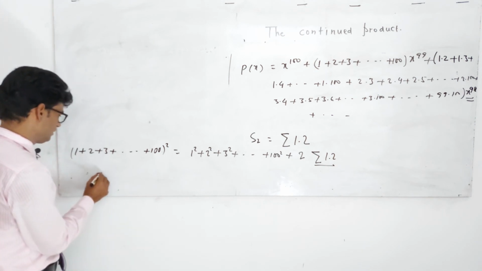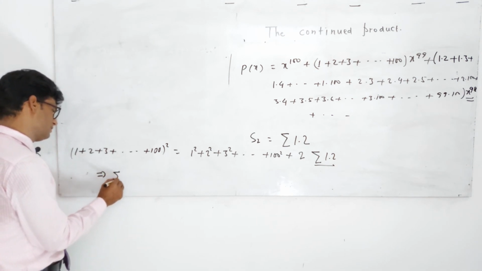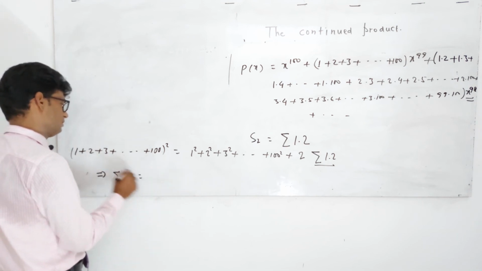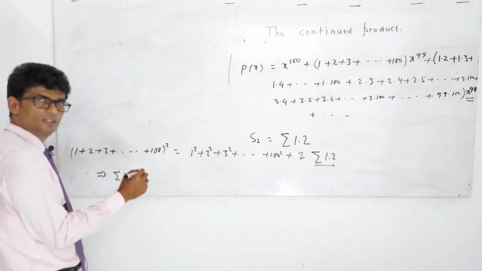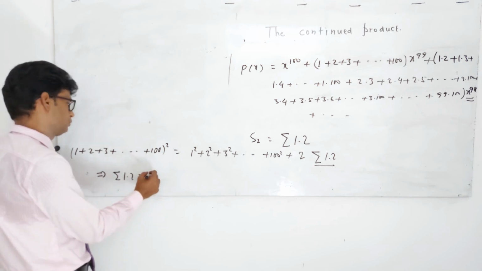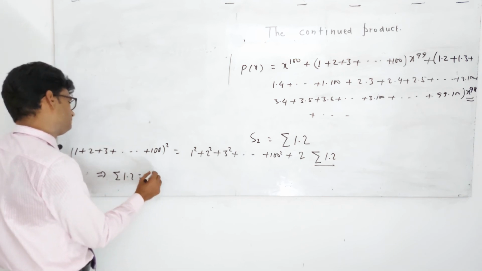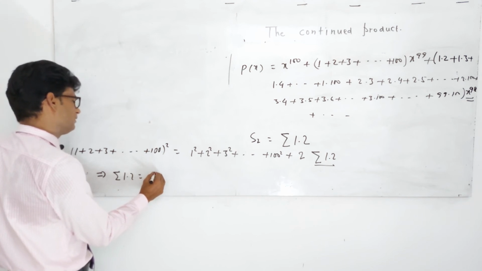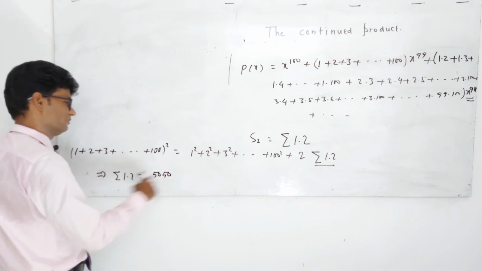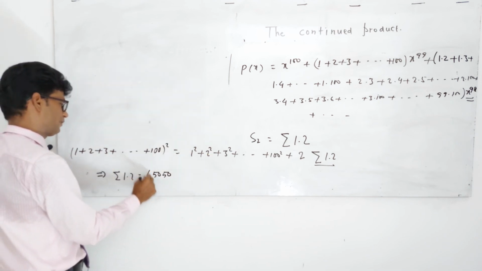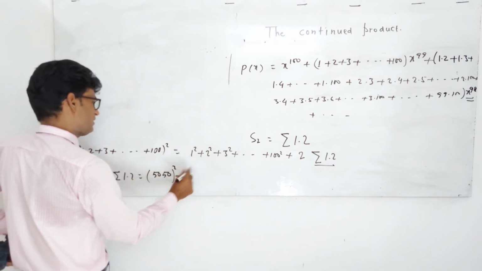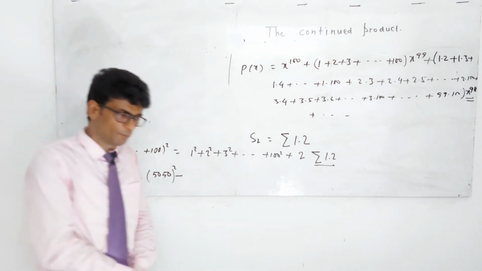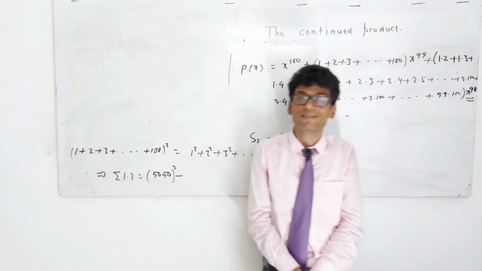So look at from here, this implies sigma 1, 2 is equal to, you know, n into (n + 1) over 2, which here is 50-50, because we have seen today in the earlier problem, this is 50-50 whole square. Minus this one you all know, n into (n + 1) into (2n + 1) over 6.